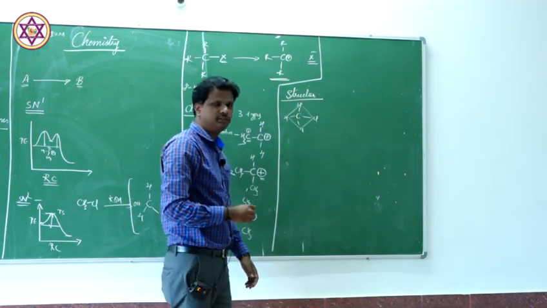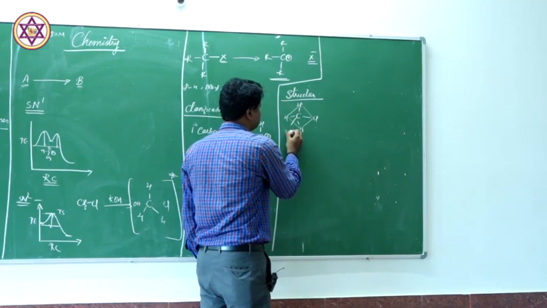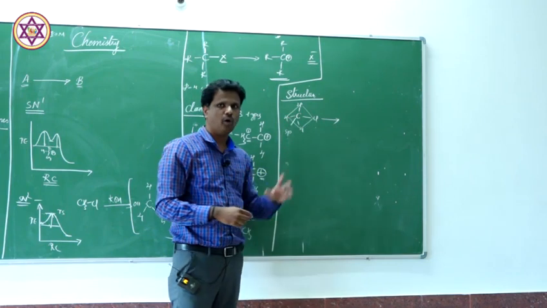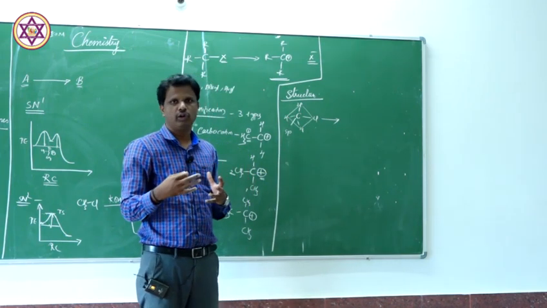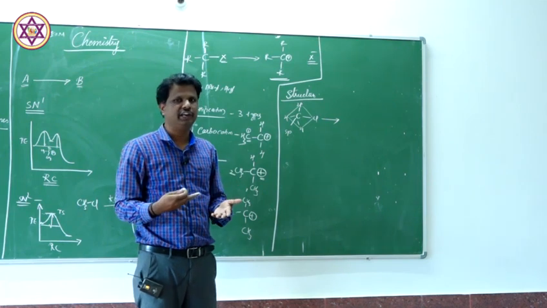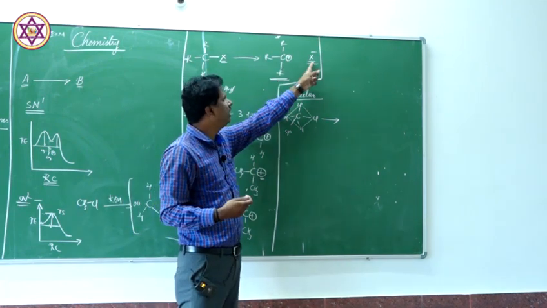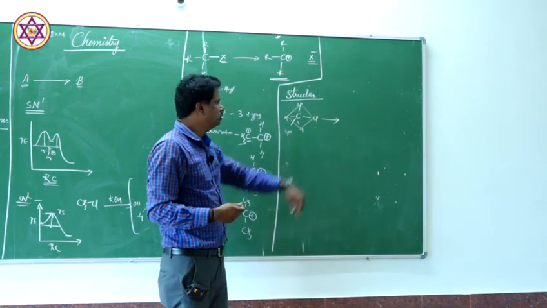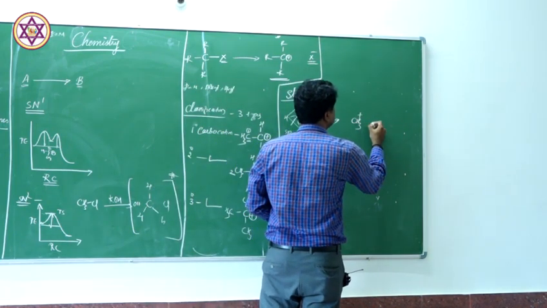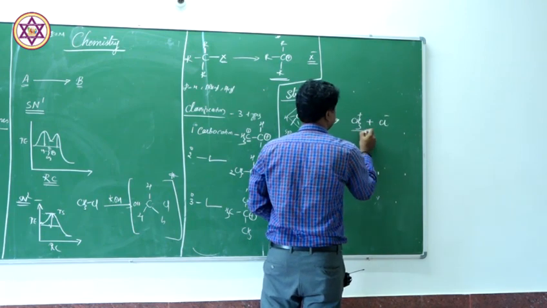Imagine that you are breaking this carbon and chlorine bond. As I said, the carbon and chlorine bond is polarized and obviously you are going to get heterolytic cleavage, leading to the formation of a cation and a negatively charged species. So you will get CH3 plus and Cl minus.